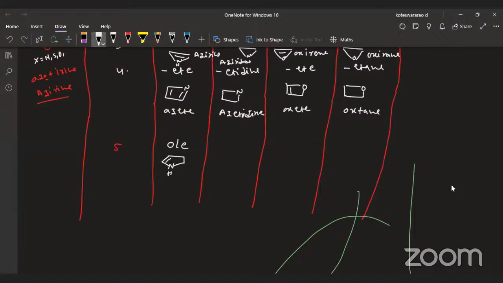It is the common name is pyrrole. Now, IUPAC name, aza plus ole, azole. It is saturated one. Its name is olidine. For example, you take the nitrogen with saturation. Azolidine.